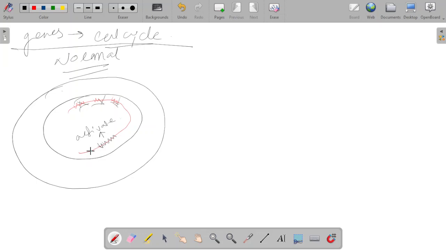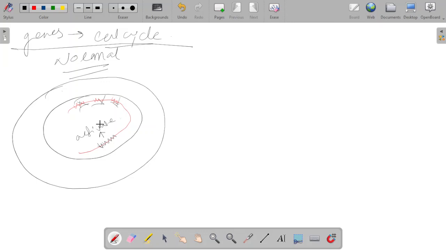What does it mean? In a normal cell, whenever a cell's DNA undergoes damage, there are repair genes that will try their best to repair the DNA. It is the normal cell mechanism.